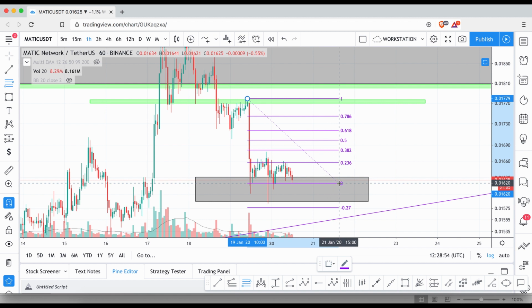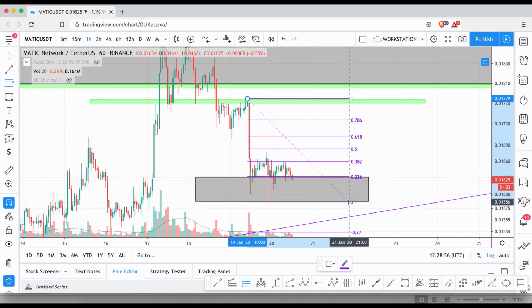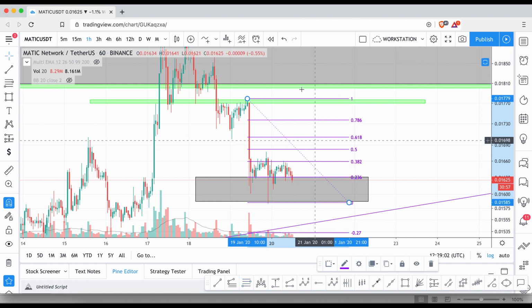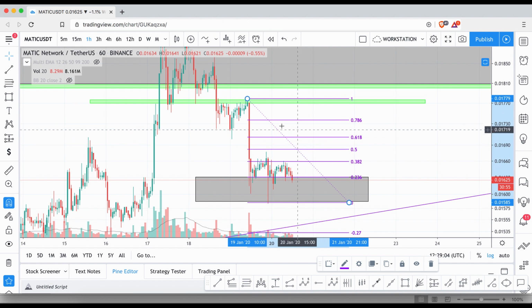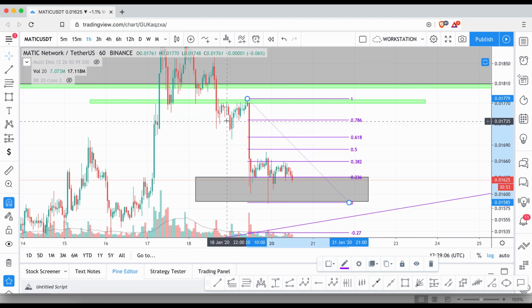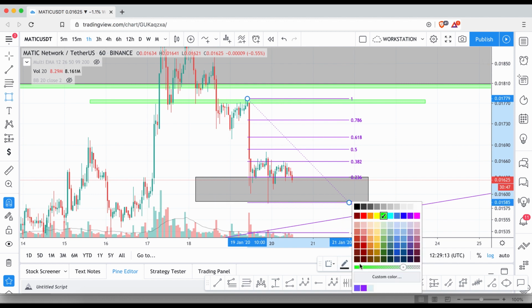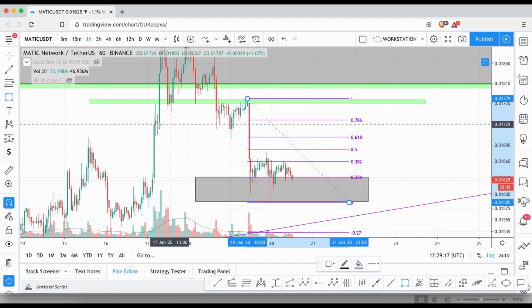Okay, maybe more down. Let's take a look at that. Okay, looking good. So if we see here, then the 0.786 lines up with this area over here. Like that.